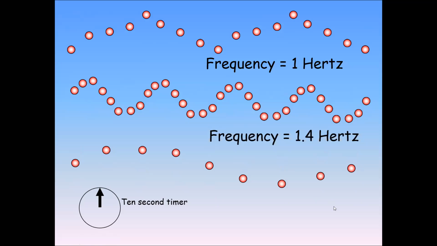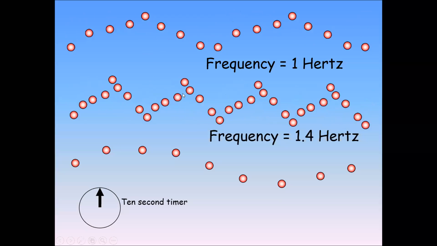So it is having 5 vibrations in 10 seconds. If we need the frequency, number of vibrations divided by time interval, we'll get 0.5 hertz. And it is obvious when you compare them, 0.5 hertz is the frequency.